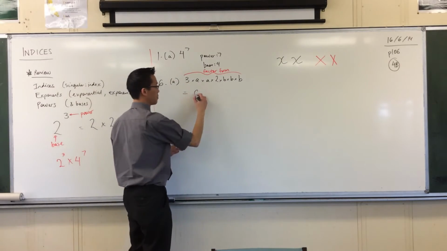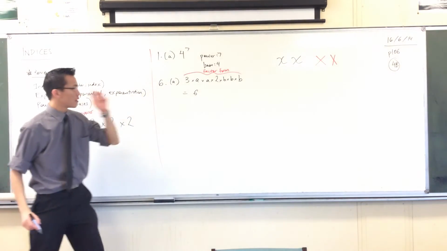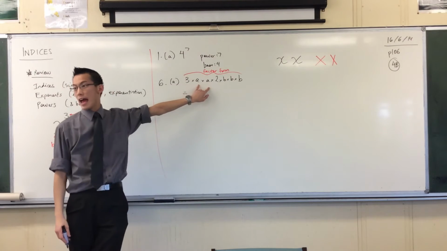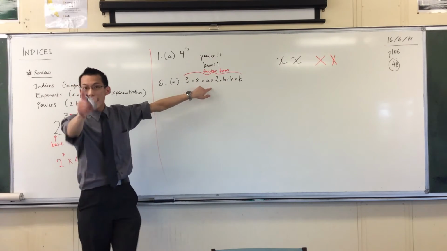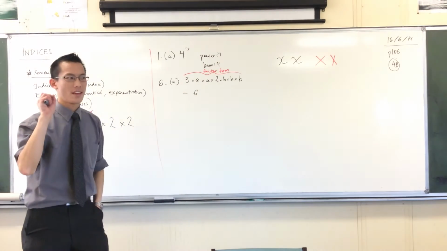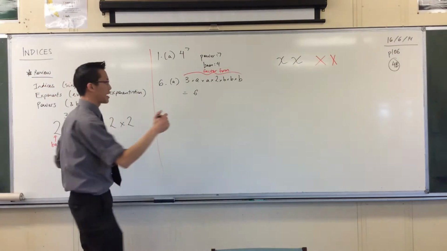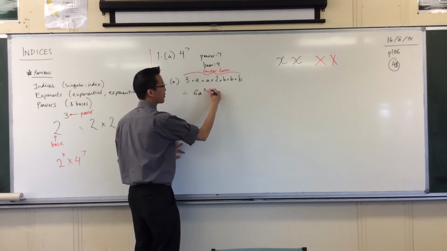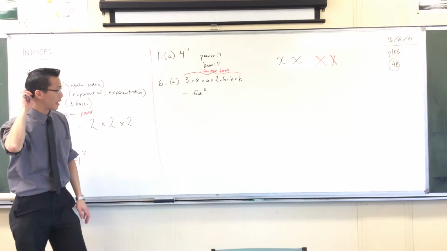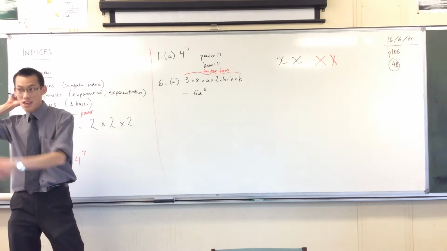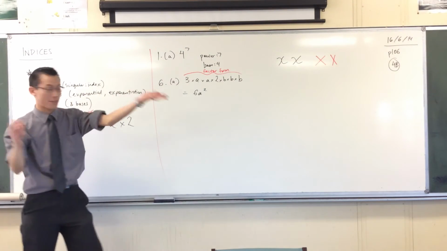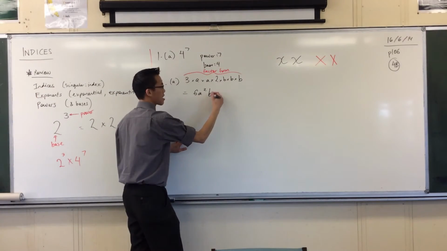So I'm going to put those together. Is that right? Here, I got a pair of A's. So let's be more precise in our language: A to the power of 2, or A squared is fine as well. And then you've got 3 B's, so B to the power of 3 or B cubed.